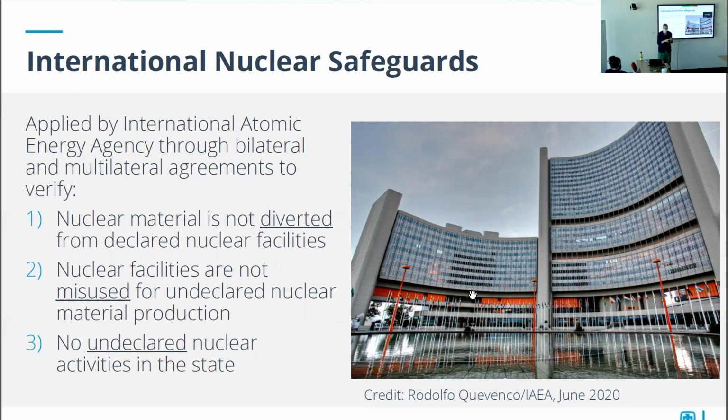Second, that nuclear facilities that we know about aren't being misused. When I say misused, I mean things like we have a little side process, a night shift that's not being talked about, to produce undeclared material. And then finally, to verify that no undeclared nuclear activities are happening within the state.